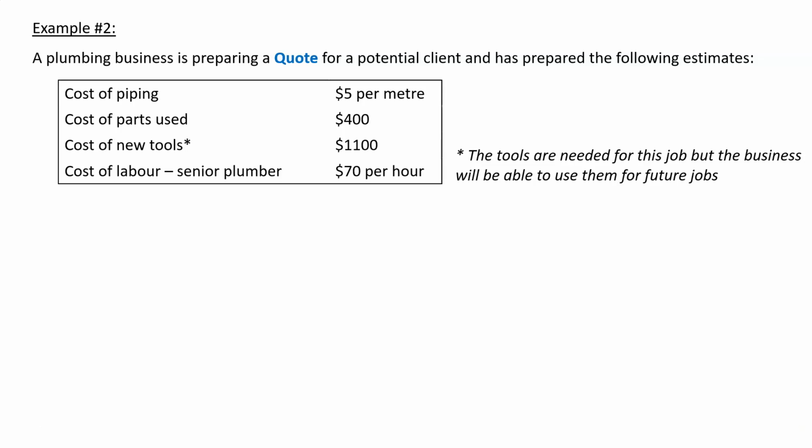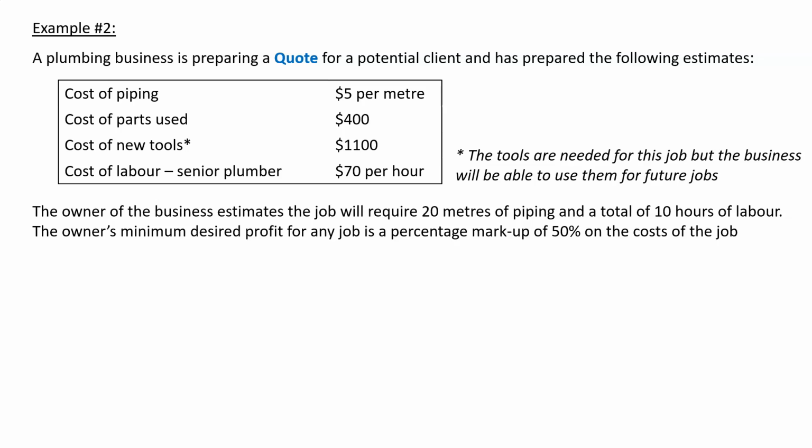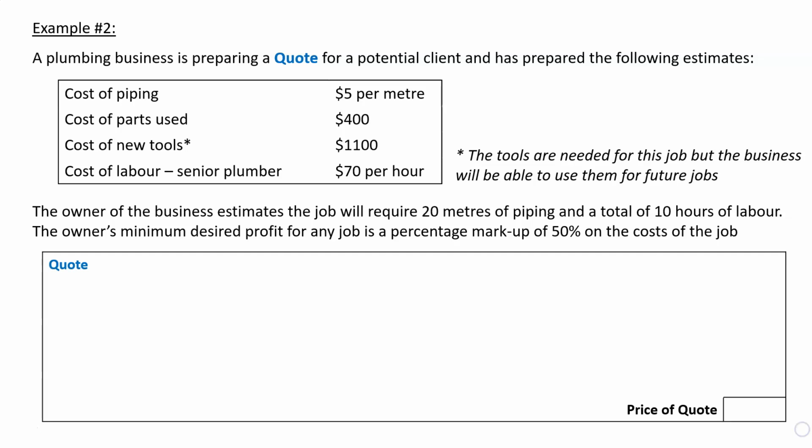Lastly, we've got the cost of labour. It's going to be a senior plumber making $70 per hour. The owner of the business estimates the job will require 20 metres of piping and a total of 10 hours of labour. The owner's minimum desired profit for any job is a percentage markup of 50% on the costs of the job. So let's do our quote.